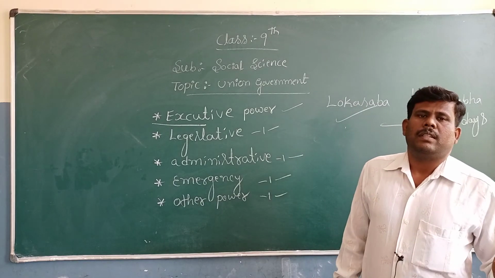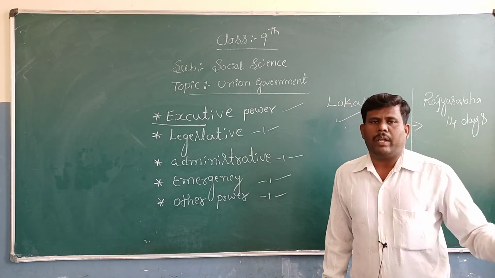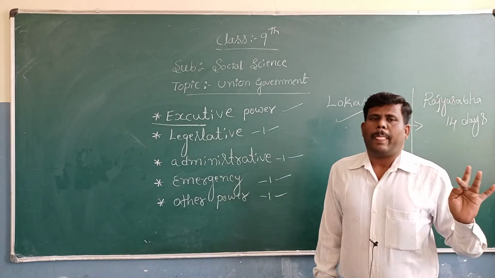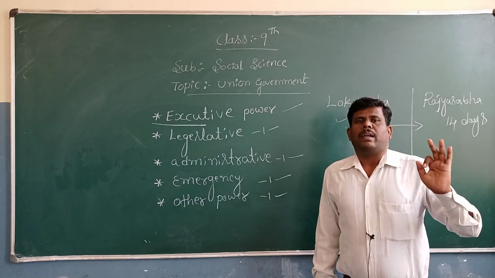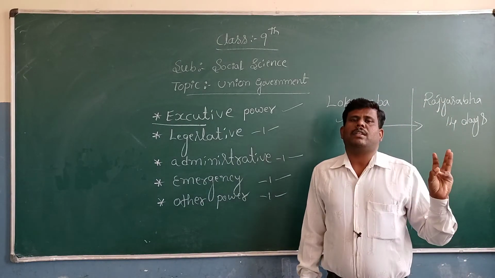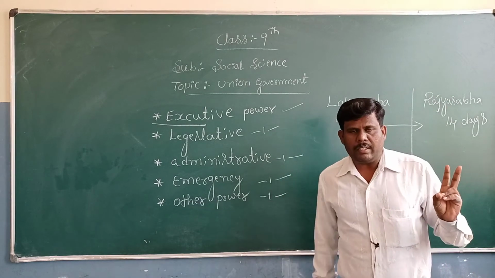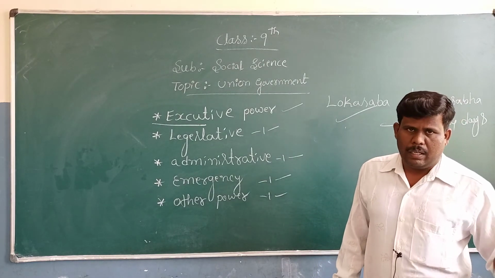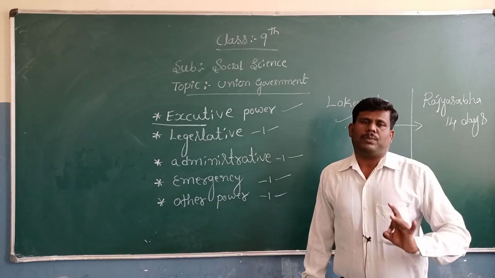They are the Auditor General, the Election Commissioner, the Union Public Service Commission members, and also the President elects governors to the states, ambassadors to other countries, and he has the power to appoint the judges of the High Courts and Supreme Court also.